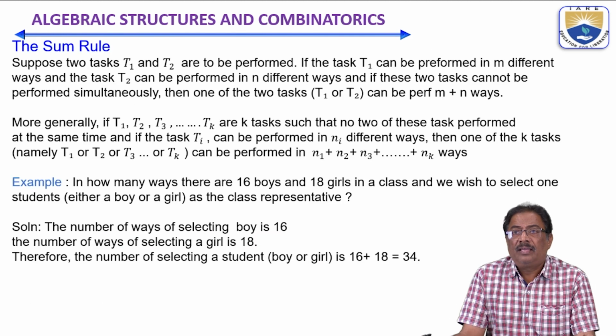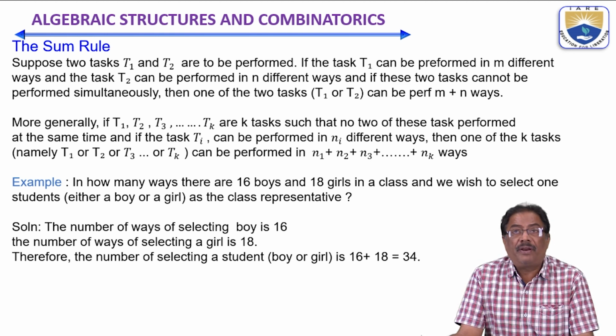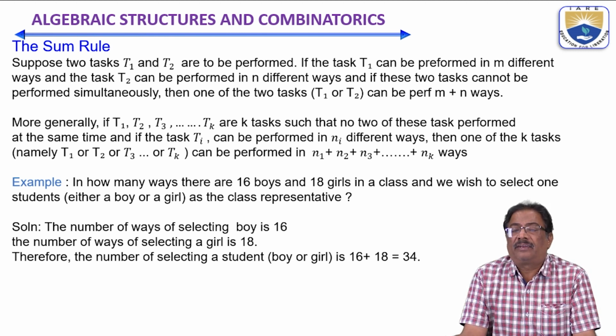Now, the sum rule, which is in combinatorics. What is the sum rule? Let us define the sum rule and discuss it with an example. Suppose two tasks are there, T1 and T2.